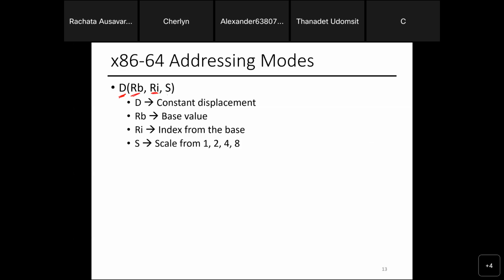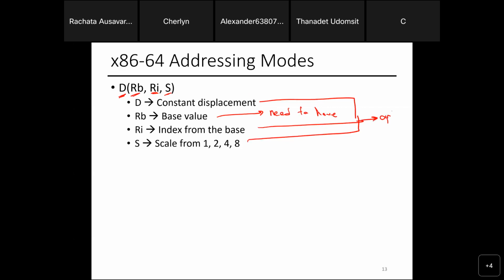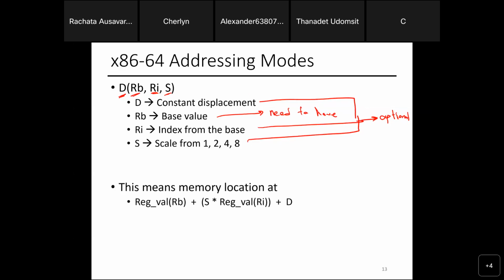The second item and the third item, RB and so on, all 3 things here are optional. If you don't specify this, by default, treat that as 0. In the case of S, treat it as 1. Now, here is your address.